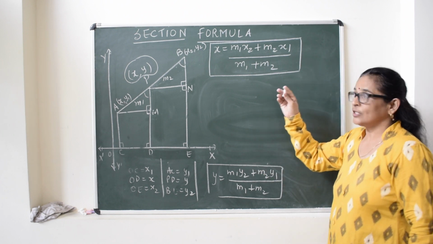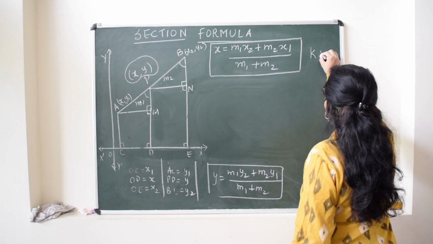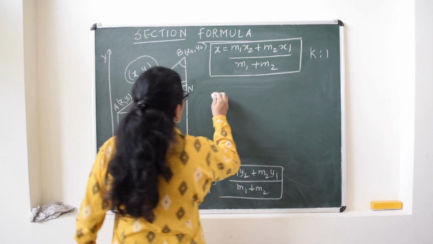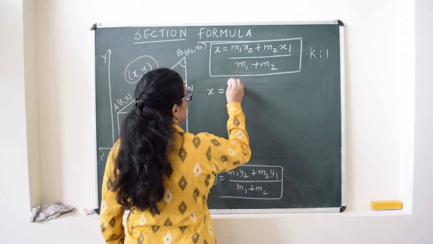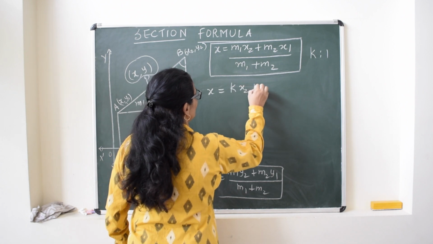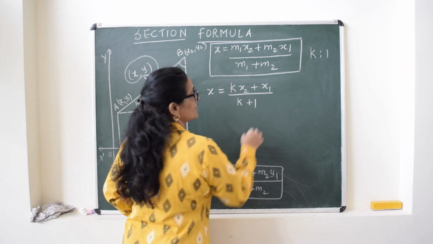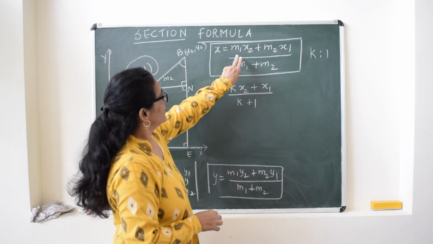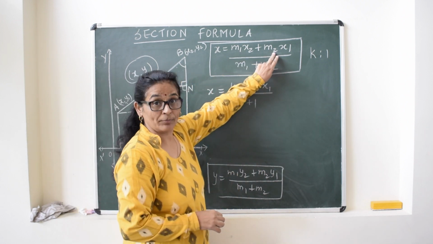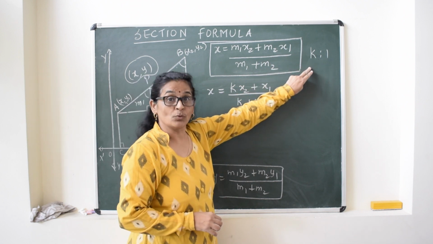So when the ratio is k is to 1, then the value of x will be (kx2 + x1) by (k + 1). What have we done? In place of m1 is to m2, we have taken k is to 1.